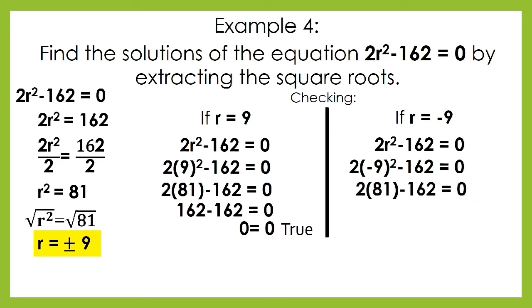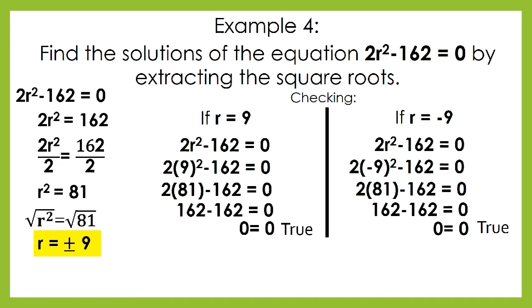Simplify, 2 times square of negative 9 is positive 81 minus 162 equals 0. And then, simplify, 2 times 81 is 162 minus 162 equals 0. We now have 162 minus 162 is 0, 0 equals 0. So, that is also true.